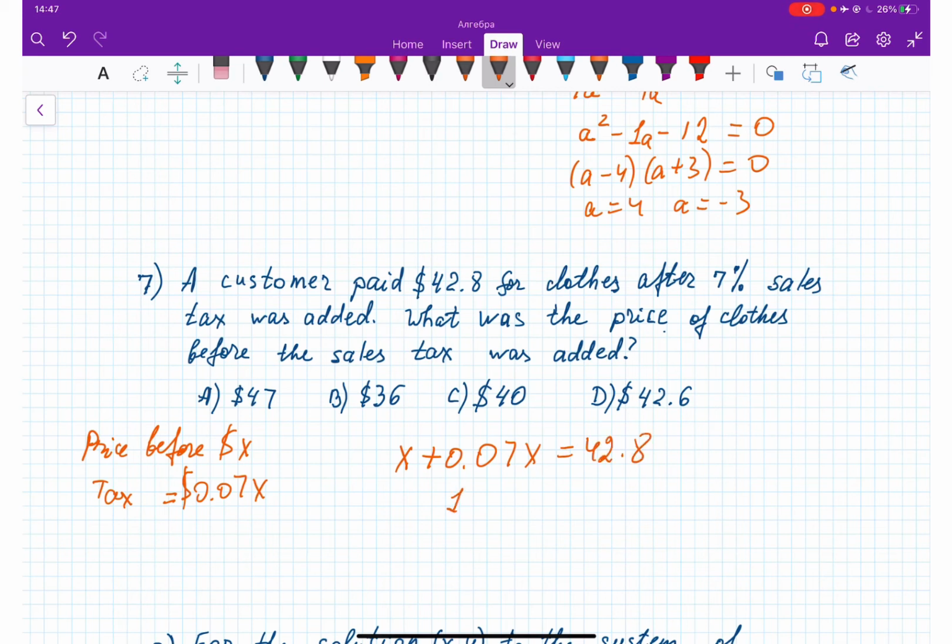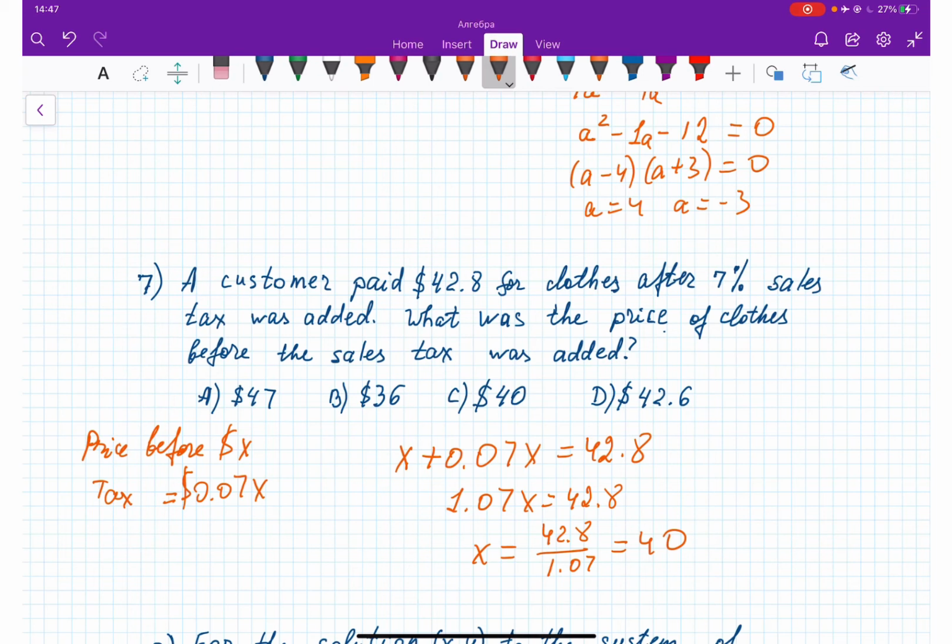From here, 1.07x is equal to 42.8, and if I divide, x is equal to 42.8 divided by 1.07, which is $40. So the price before tax is $40.